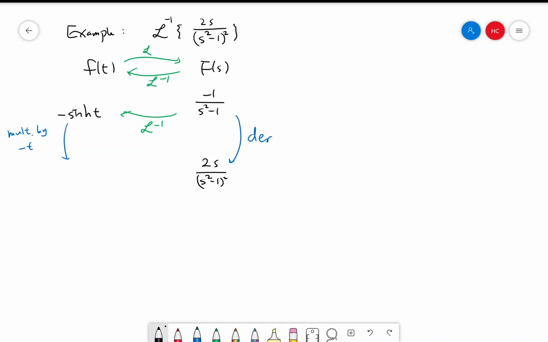So all we need to do is multiply this hyperbolic sine with negative t. So we get t times, technically negative t times negative hyperbolic sine of t, which is equal to t hyperbolic sine of t. And that's our final answer. Yep. So no new integrals, which is very convenient.